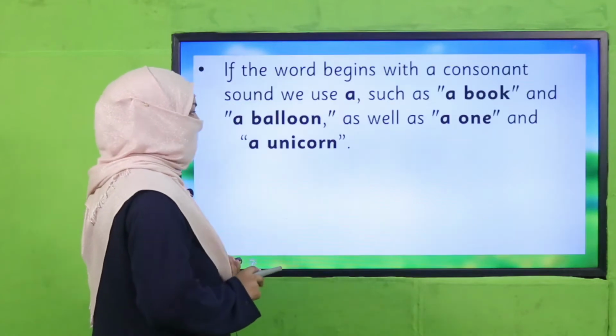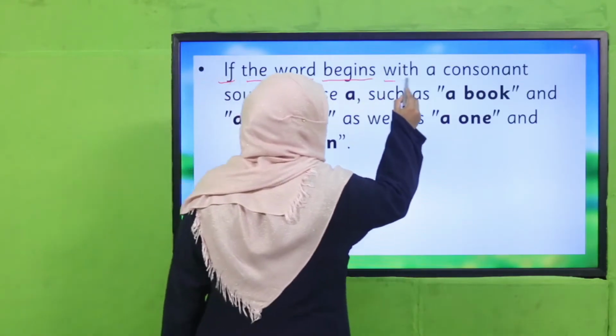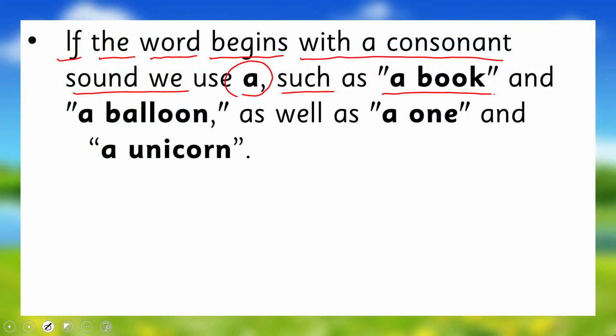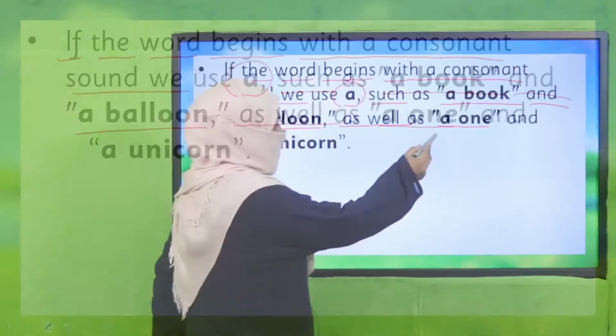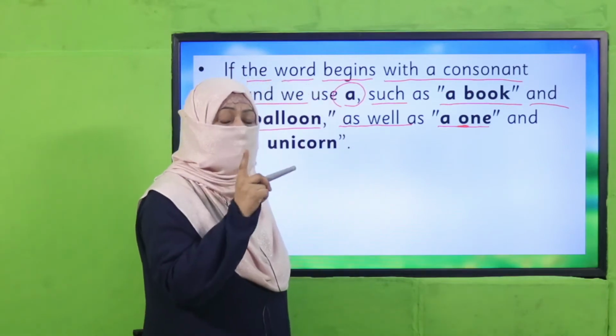Now there is another situation. If the word begins with a consonant sound, we use a, such as a book and a balloon. This is what I just told you, as well as one. Why one? Because here, though the letter is a vowel, its sound is a consonant.